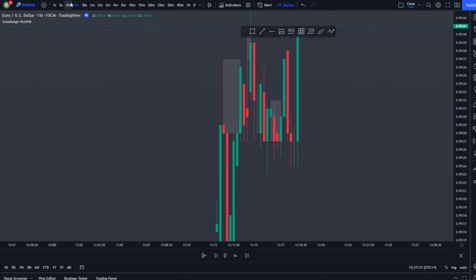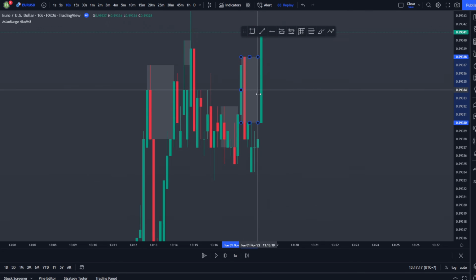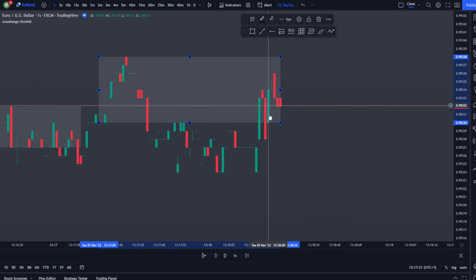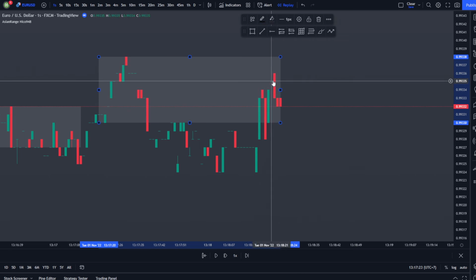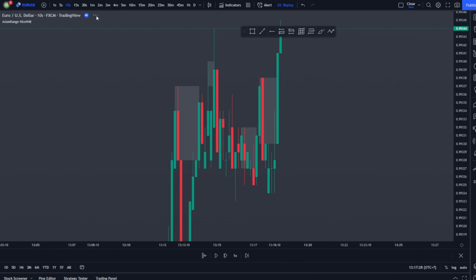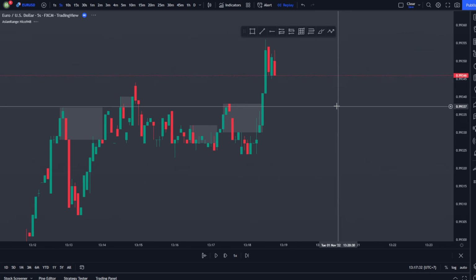So we have that 10 second intent as well. Go back to the downside, and we had this intent. No entry given. Price broke the OB, so move up to 5 seconds.